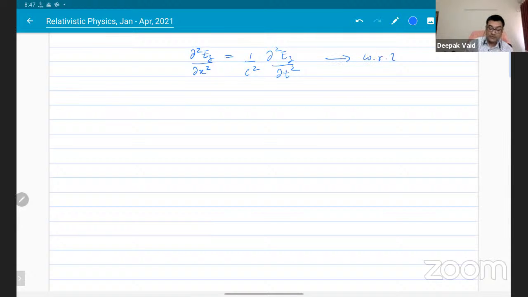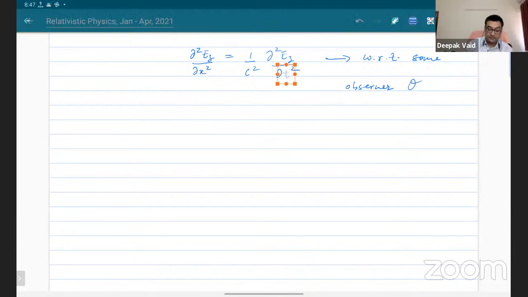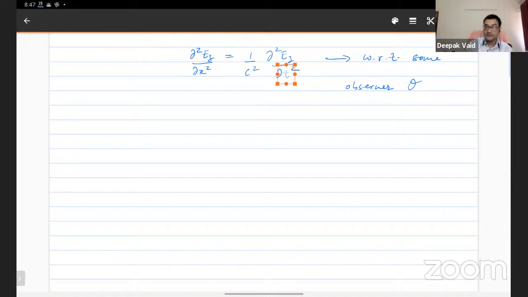So what is this? This is with respect to some observer O, whose frame of reference has some coordinates x and t, right?